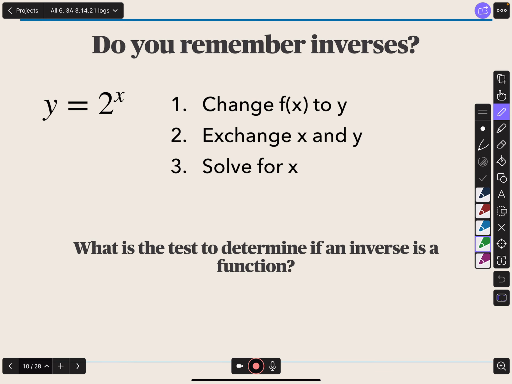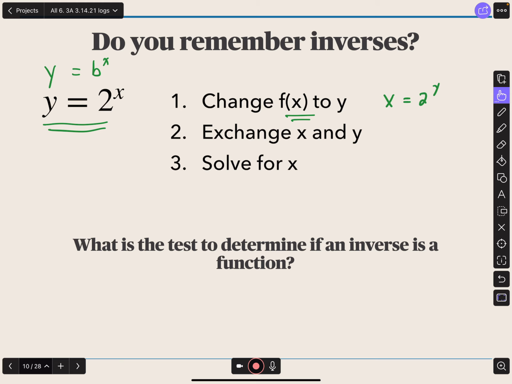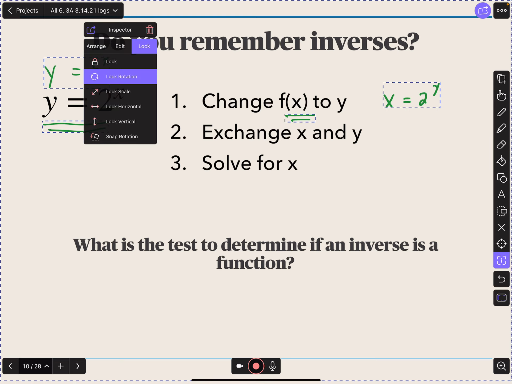Here's our standard exponential function, y equals b to the x. If I wanted to find the inverse of it, I would flip-flop my x and my y. I guess this should have been a number 2 here, so let me slide it down.